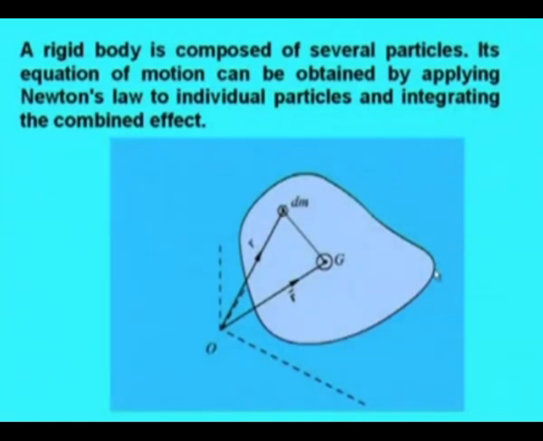Now a rigid body is composed of several particles. Its equation of motion can be obtained by applying Newton's law to individual particles and integrating the combined effect. We can take a small particle of size dm, where dm is tending to 0.